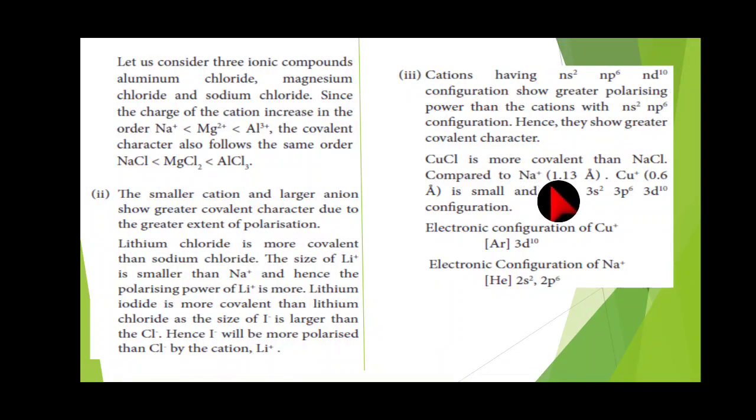Compared to Na+ at 1.13 Angstrom, Cu+ at 0.6 Angstrom is very small and has a 3s2 3p6 3d10 electronic configuration. So the electronic configuration of Cu+ is 3d10, and that of Na+ is 1s2 2s2 2p6.